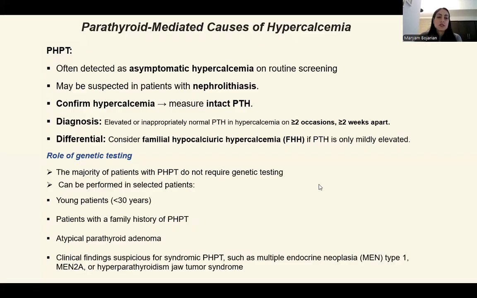Those are the syndromes that are associated with primary hyperparathyroidism, and you need to send your patient for genetic testing to make sure that this is only primary hyperparathyroidism and is not associated with other genetic problems.